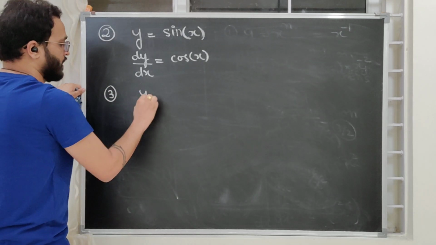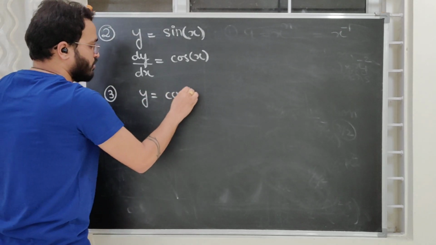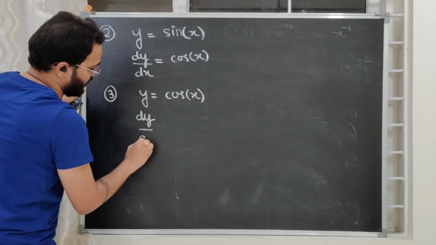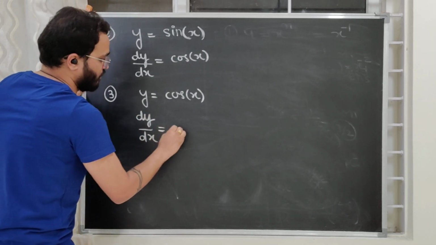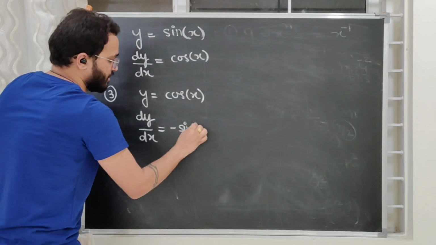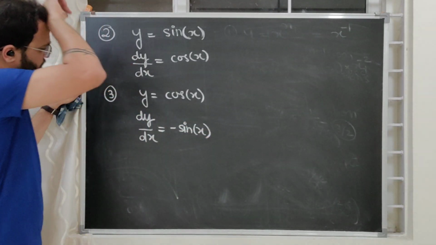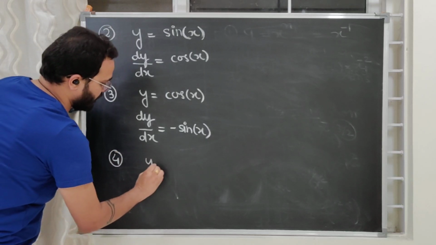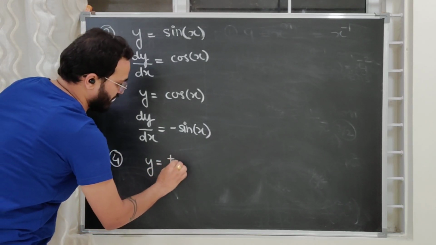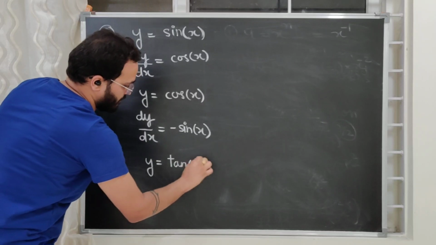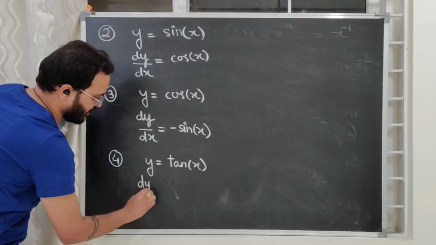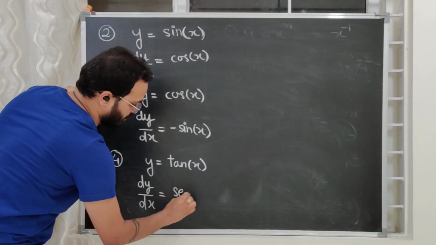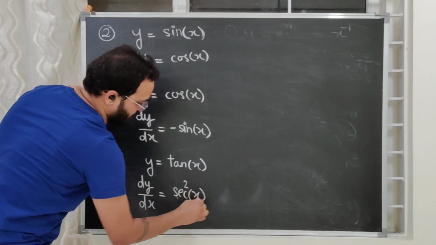Third is, if y is equal to cos x, then dy by dx will be equal to minus sin x. Then fourth is, if y is equal to tan x, I hope you remember trigonometry, it will be sec square x.